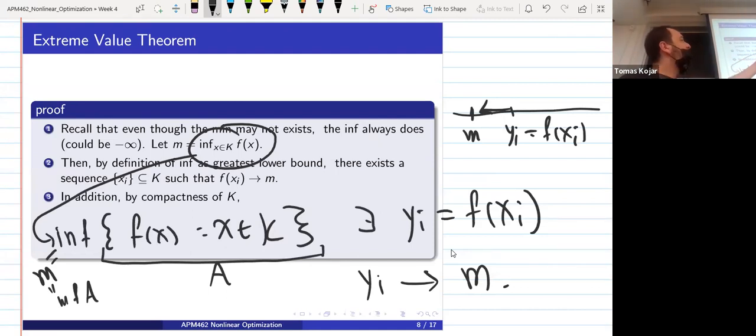The xi exist because every y is of the form f of x. So there is some pre-image because f is a function. Okay, that's how you get the xi's, because this is a set of the form f of x. Okay, good.